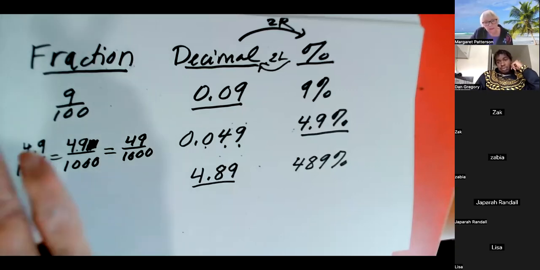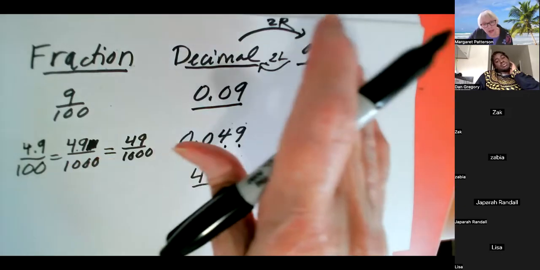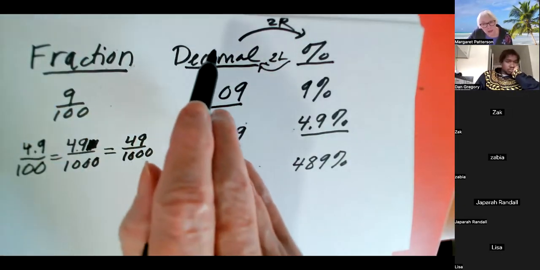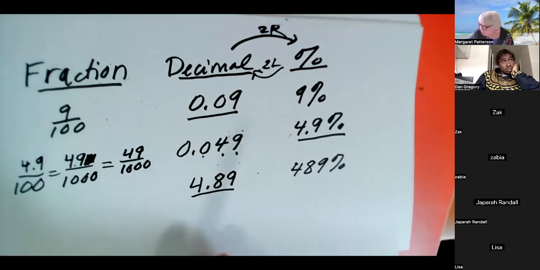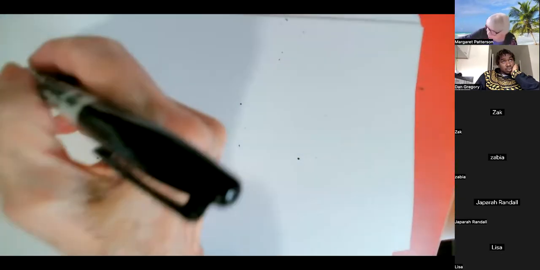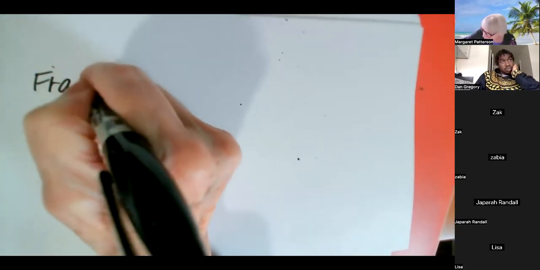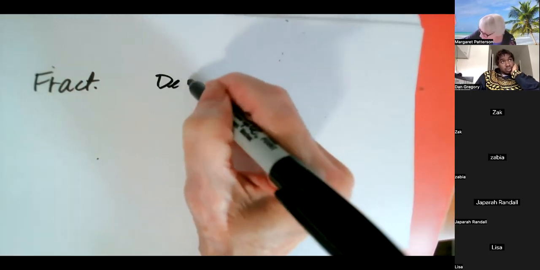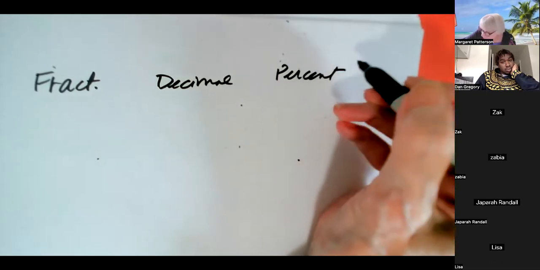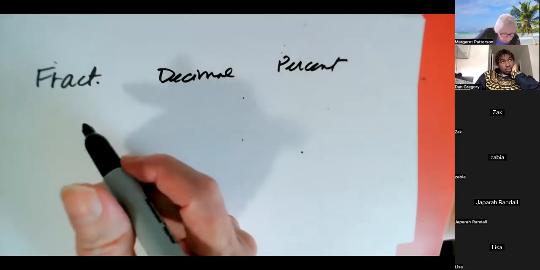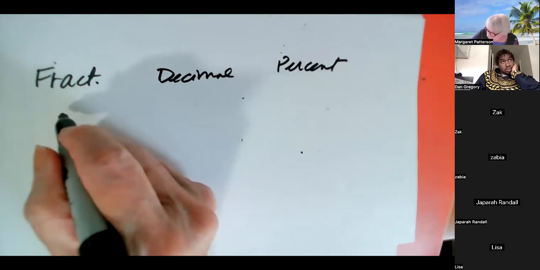So I'm going to continue to come back to this chart, fractions, decimals, percents. This is definitely something we can do. So let me start again with a new fraction, decimal, percent. I'm going to start with this fraction.